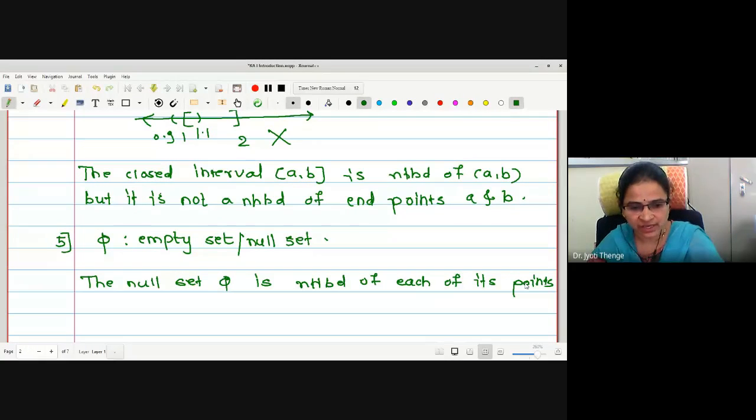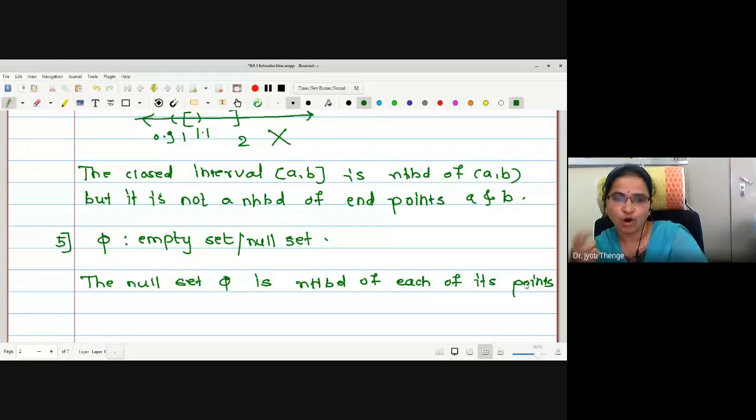What I am saying is, this statement makes sense because there is no point in phi of which it is not a neighborhood. Okay, what does our definition say? Every point of phi should have phi as its neighborhood. Now in phi there is no point of which it is not a neighborhood. Is there even one such point? I used a contrapositive statement.